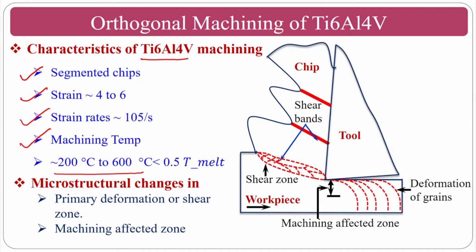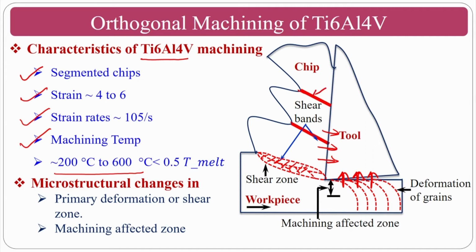Basically this is the primary shearing zone, and the machining affected zone, the lot of temperature that is generated here will be imparted to the tool. Okay, that is why the tool will experience a lot of temperature, that is a drawback, and the tool thermally softens and fails.